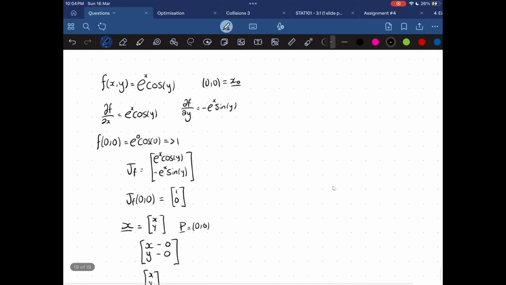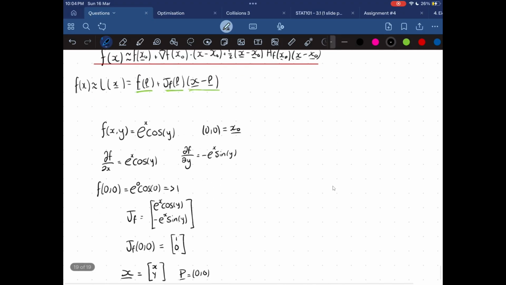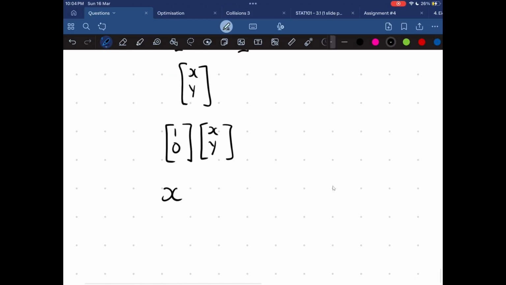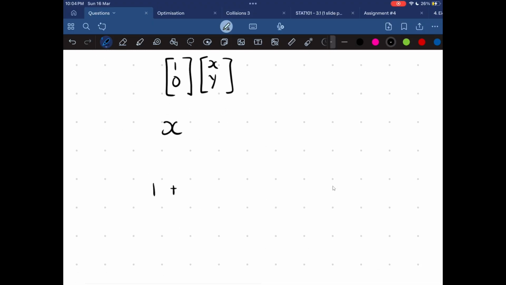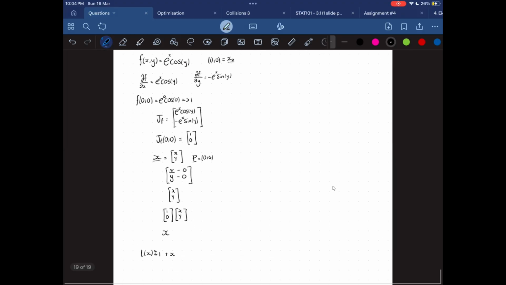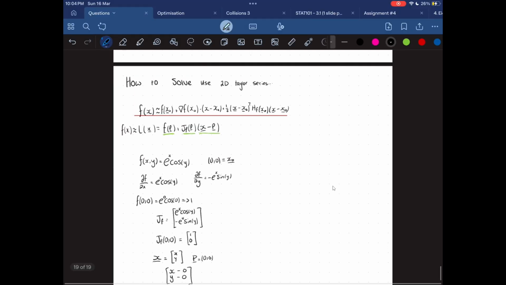So now, if we add all of this together, our f of P was 1, and our Jacobian of f times our vector x minus P was just x. So we're left with just 1 plus x. So our linear part approximates 1 plus x. Perfect. So this is the first part of calculating the Taylor series expansion.